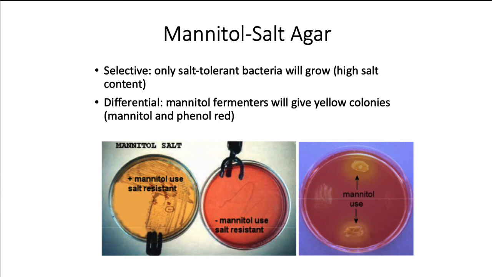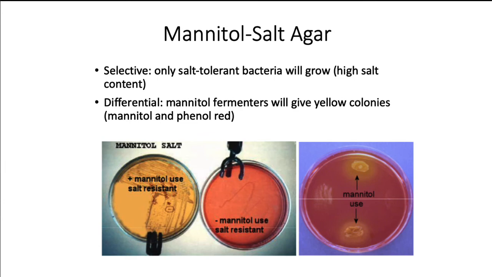Now, the differential part comes from mannitol. So mannitol is a sugar, and if a bacterium is able to ferment mannitol, then that means that they are fermenting, so the pH will become more acidic. And there is phenol red in the medium. It's the same phenol red that you have in phenol red broth.